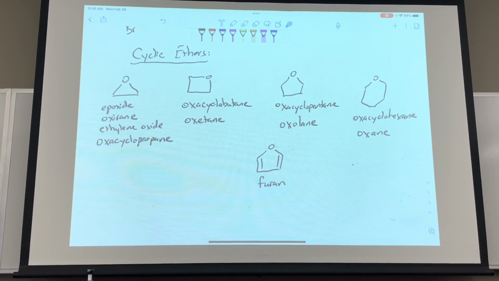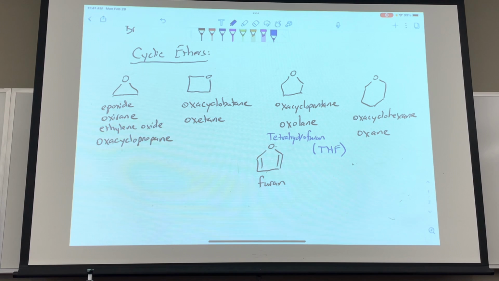And so for that reason, the most common way you'll see that five-membered cyclic ether called is tetrahydrofuran, often just abbreviated as THF. Wait, are you talking about the one above or the one below?